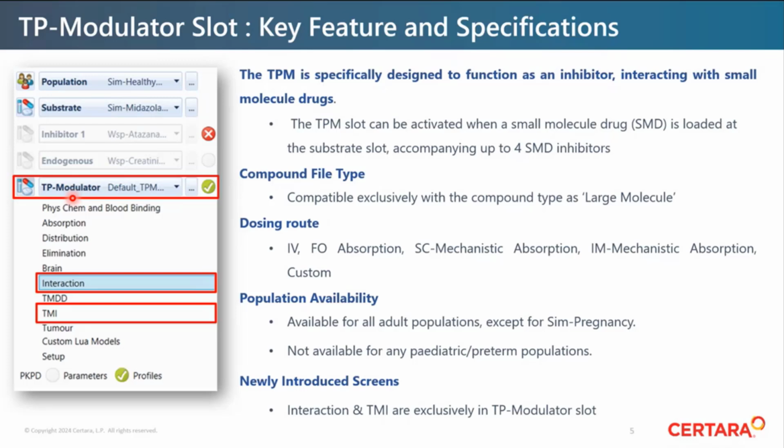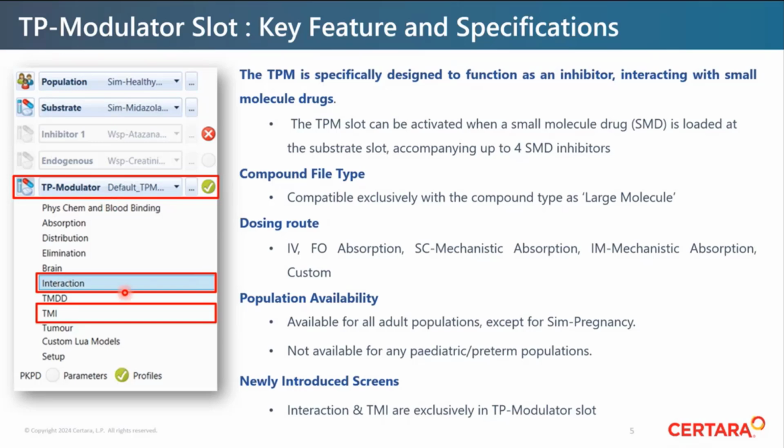So it is compatible exclusively with compound type as a large molecule. There are various dosing rules that can be used, and the model is available for all the adult populations except pregnancy, where the biologics model is not yet implemented. We have not extended this module for pediatrics yet.